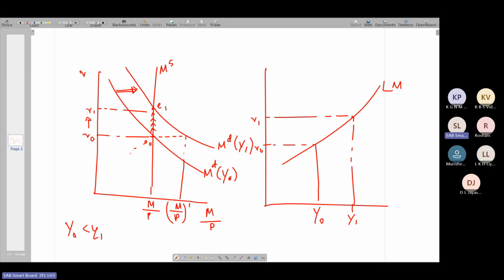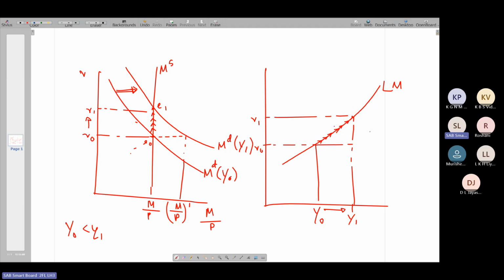That is explained based on this. When the income level increases from Y0 to Y1, money demand increases under the transaction and precautionary motives at the prevailing interest rate. As a result, there will be pressure on the interest rate to rise. When there is an increase in the interest rate, the money demand under the speculative motive decreases, and equilibrium moves from here to here.